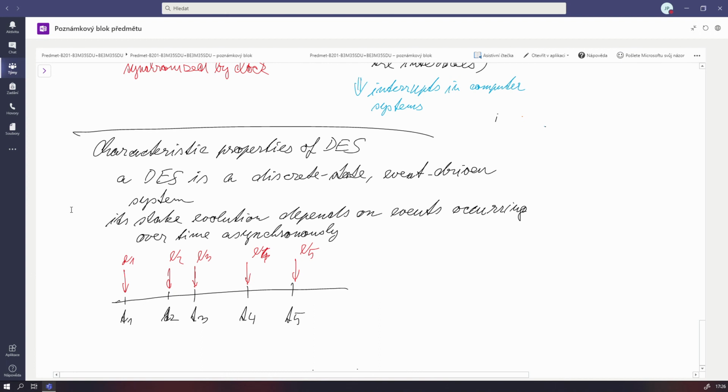Then we can write a timed sequence as a sequence of tuples represented by the event and the time instance. So it will be a sequence of E1, T1, E2, T2, and so on up to E5, T5.